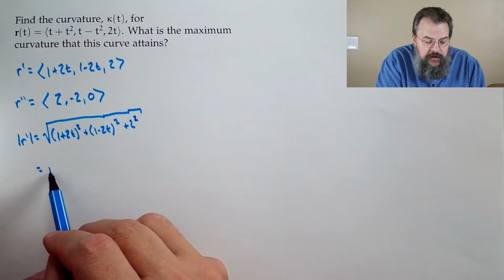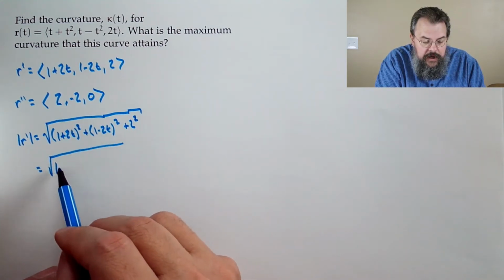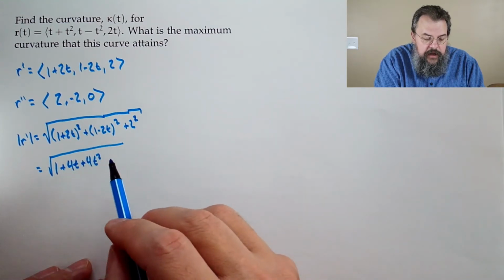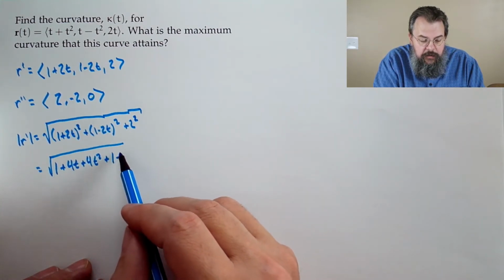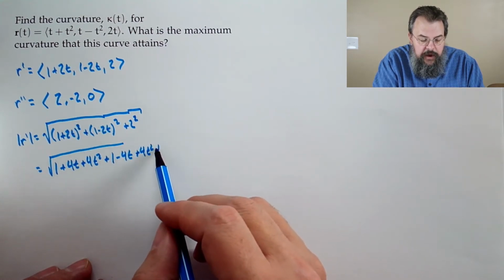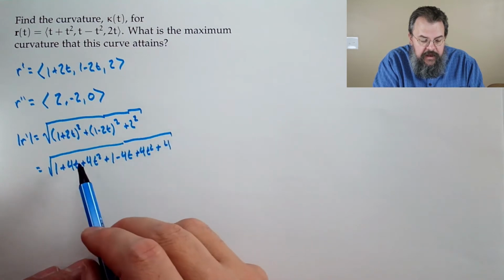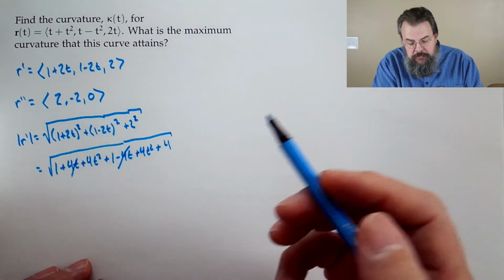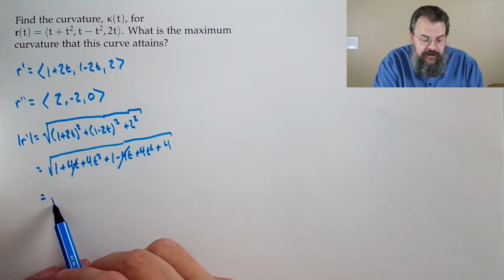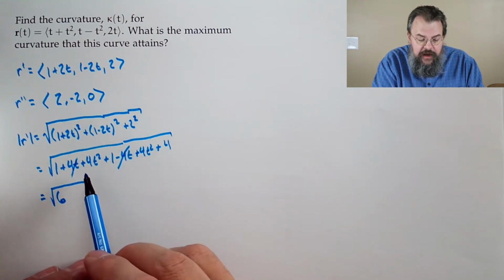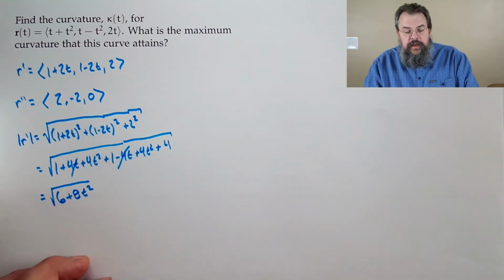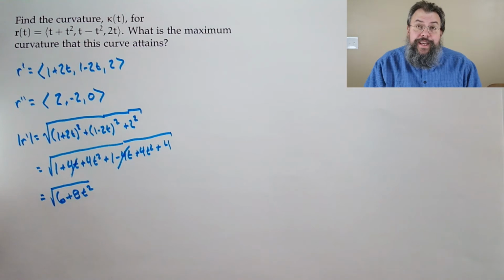Well, that's going to be the square root of 1 plus 4t plus 4t squared plus 1 minus 4t plus 4t squared, and then plus 4. The 4t's cancel, and we're left with 1 plus 1 plus 4, which makes 6, and 4t squared plus 4t squared makes 8t squared, and that's as simple as we can get.